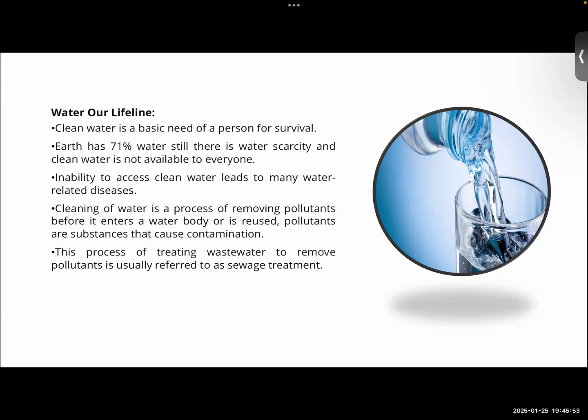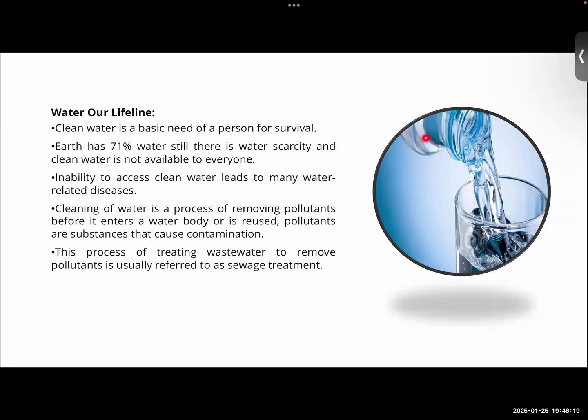Okay. So Earth, as we know, has 71% water, right? But still we are suffering from water scarcity because clean water is not available to everyone. When we go to parts of countries like South Africa, so many people do not have clean water to drink because water is not evenly distributed everywhere.